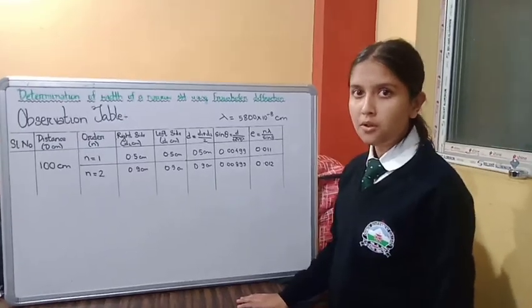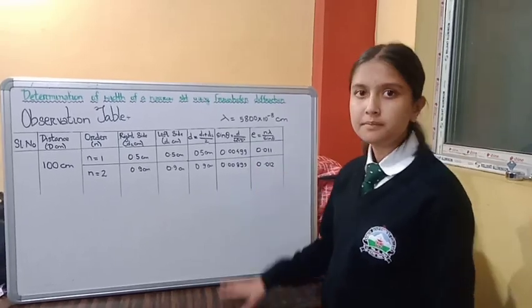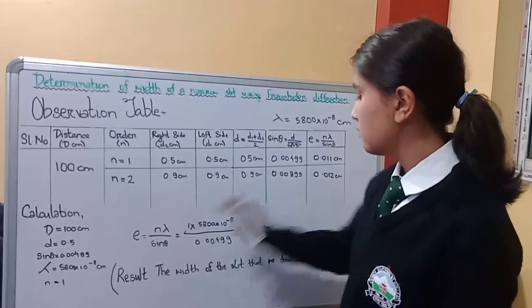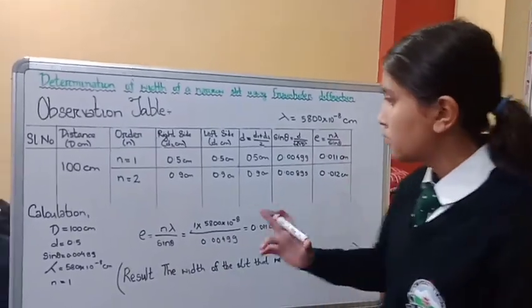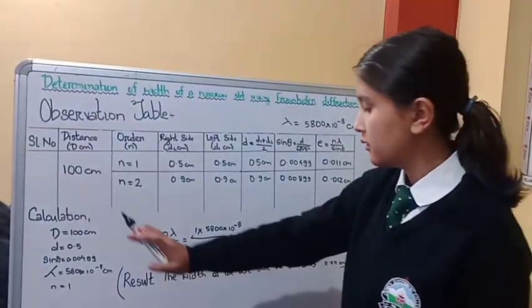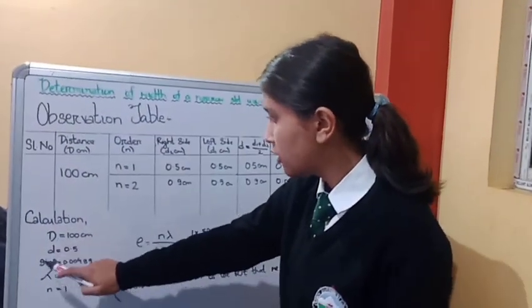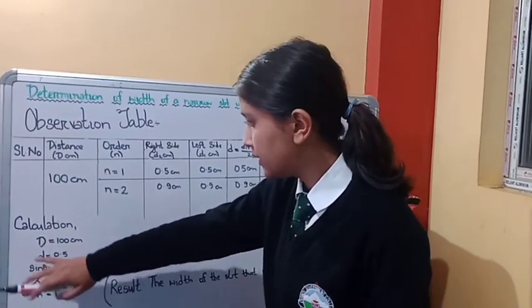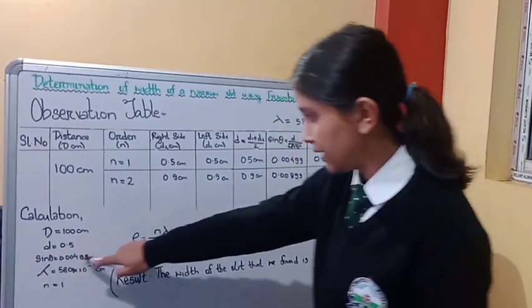Now I'll show you a sample calculation of this. Here I have shown the calculation to find the slit width. From the experiment, we find the value of small d, and using the values of capital D and small d, we find the value of sine theta.